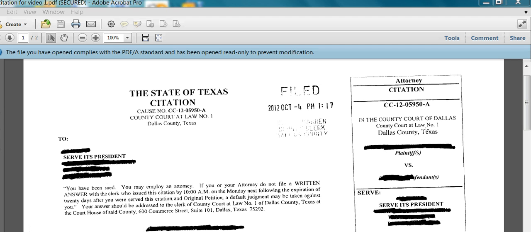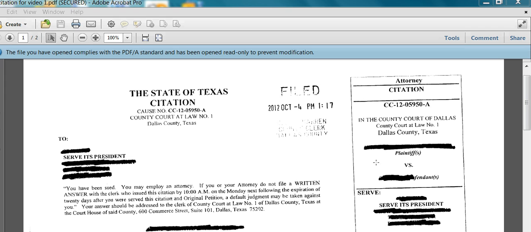Some counties let you look it up by the attorney, or in some counties let you look it up by the parties to the lawsuit. It tells you what court you're in, the county court of Dallas. It tells you what specific court here, the county court at law number 1, and tells you what county you're in.